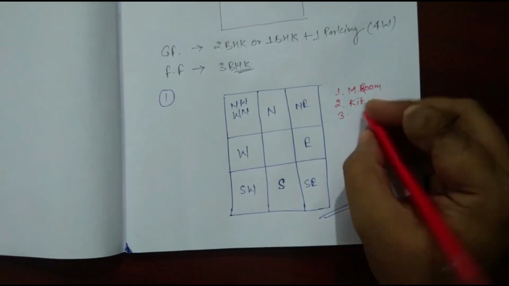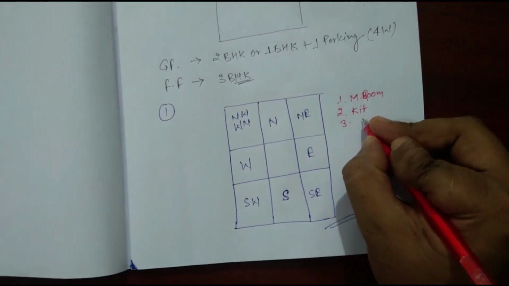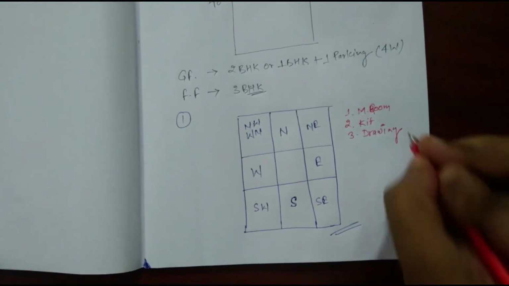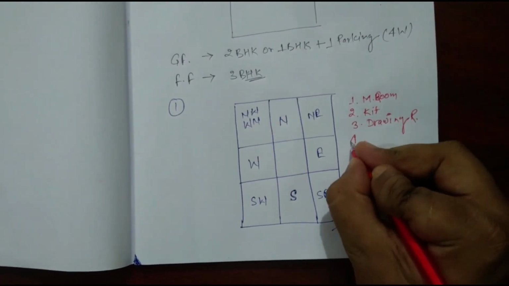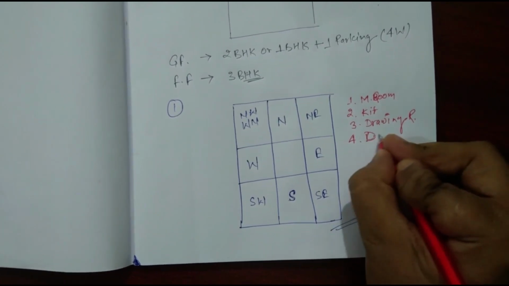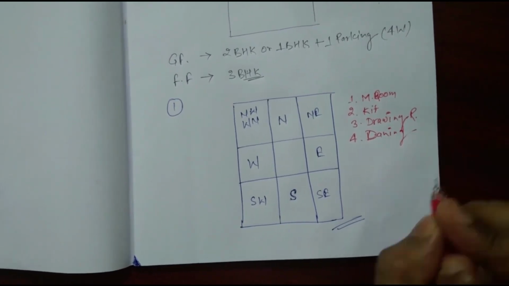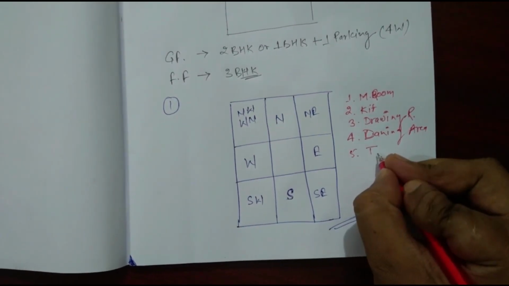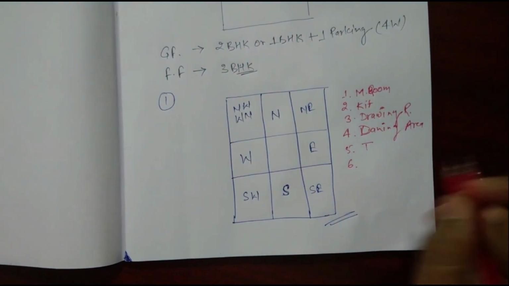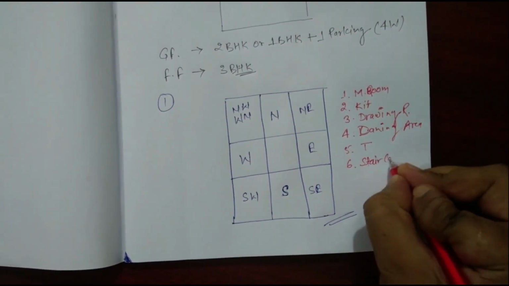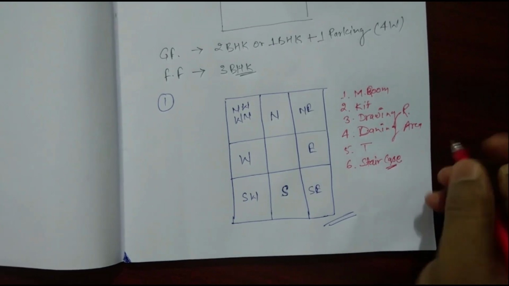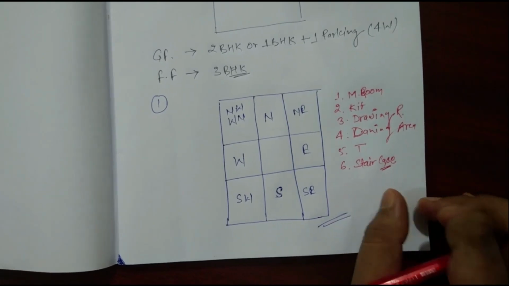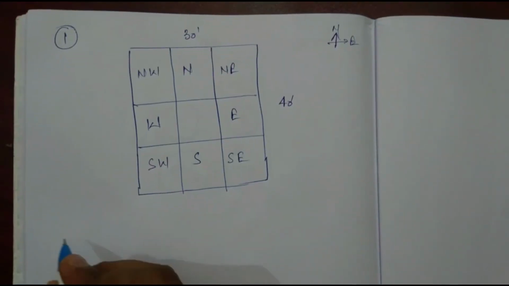Number 3 is the drawing room. Number 4, we should have a dining area. Toilet is compulsory. And we need a staircase for our first floor. So these are the basic components we need to place. Let us find out how to place them.